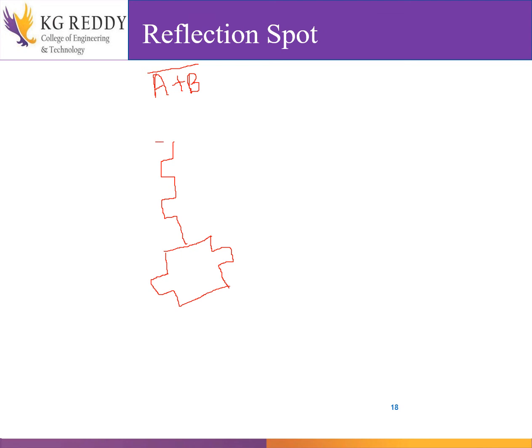Right. This is VDD, and let me put this is GND, right?